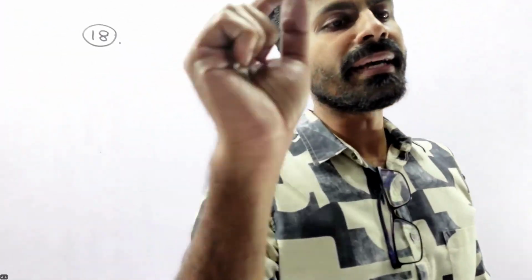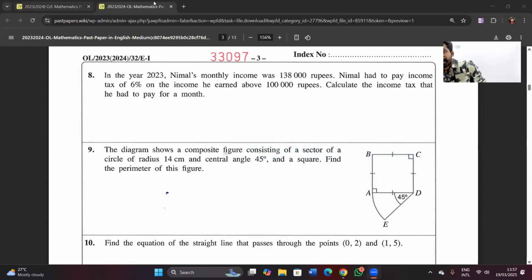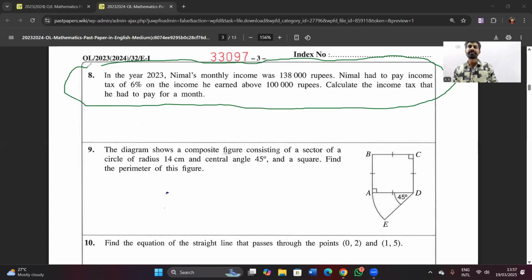Question number 18. For question number 18, I'm taking last year's question. Income tax. Let's try some questions regarding tax and the share market. In the year 2023, Nimal's monthly income was 138,000 rupees.